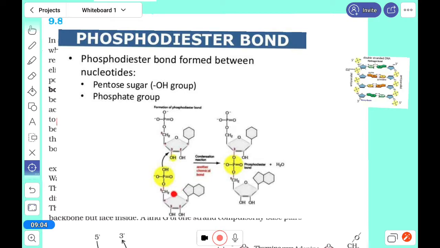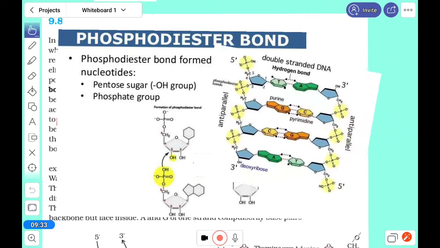Here it is the H3PO4 phosphate, and here is the pentose sugar. So the bond is formed here. This is called the phosphodiester bond. It is found in DNA and RNA. So this is also very important.